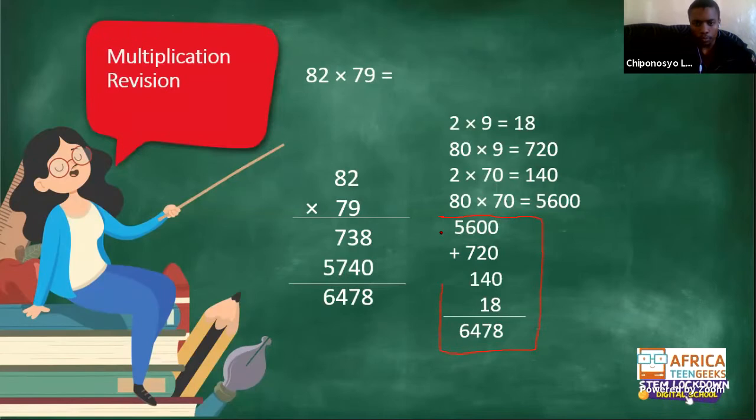Right. So guys, when we're doing multiplication in this method, there are 3 things that are very important for you to jot down. Number 1, it's place value. Number 2, it's using that one number to multiply.